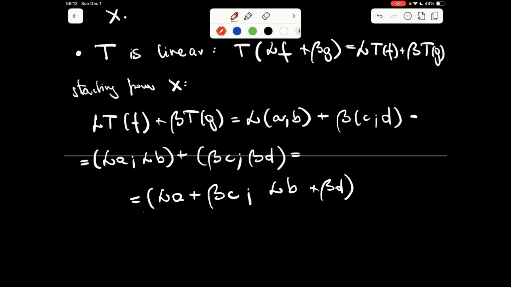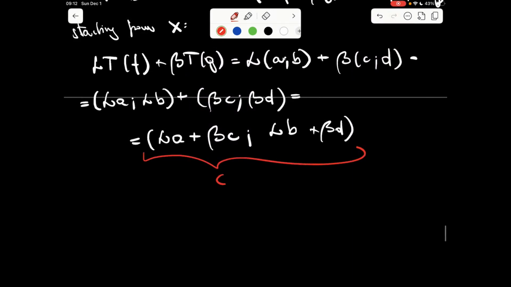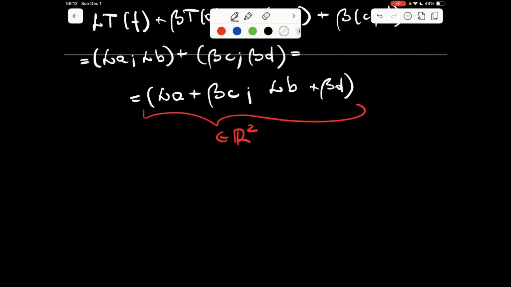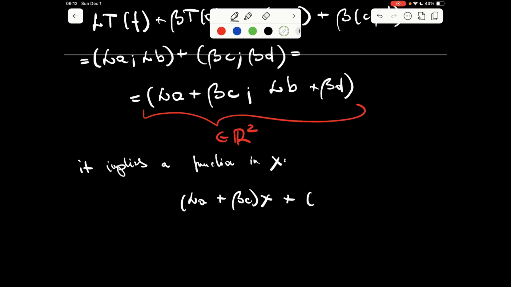So what we can conclude: this is a point in R squared, in the 2-dimension Euclidean space, and this point implies a function in X which is of this form.